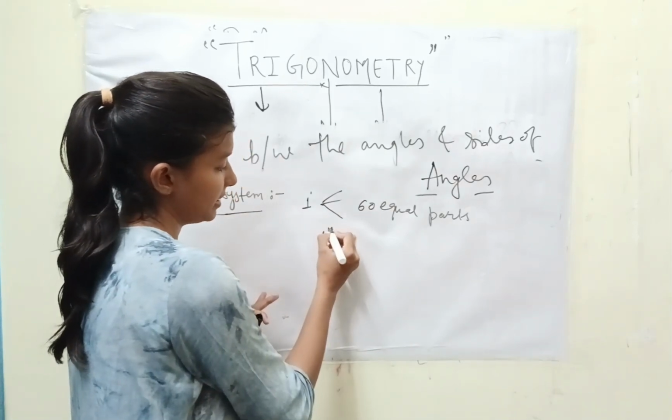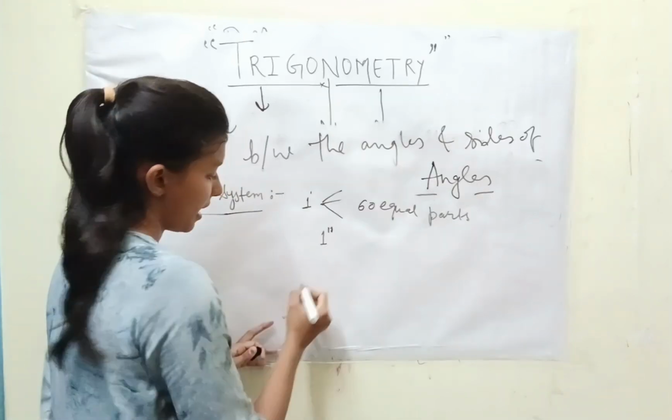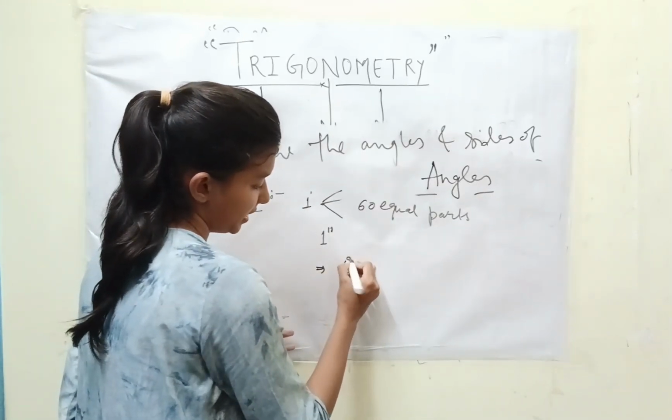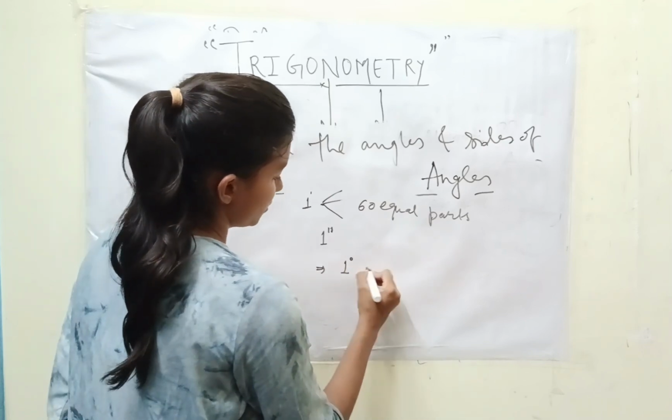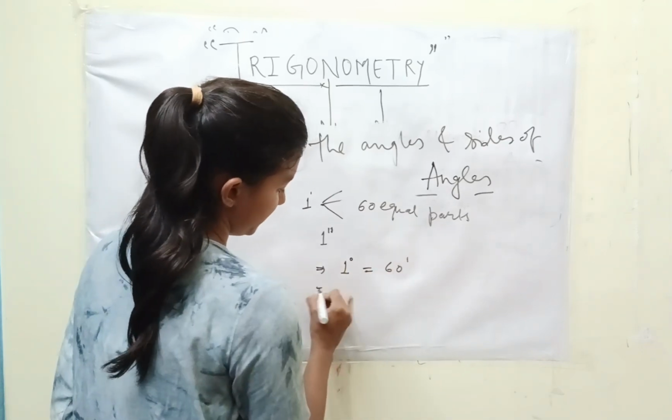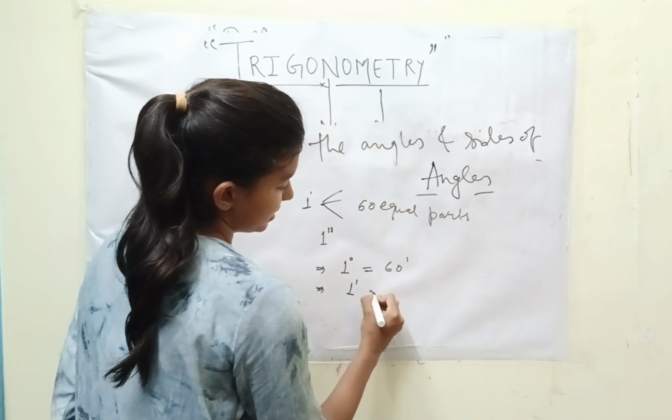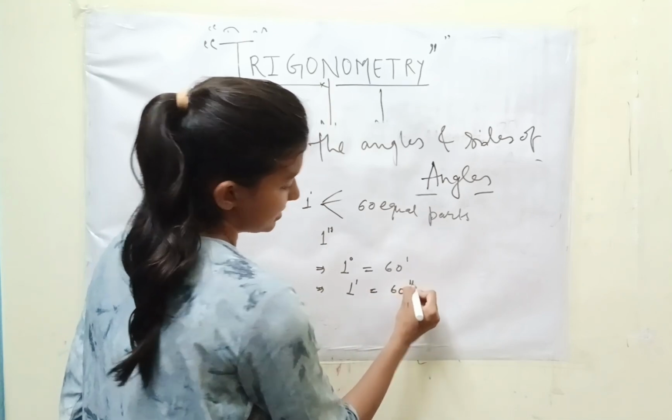Second is denoted by a double dash. Hence, we can say that 1 degree is 60 minutes and 1 minute is 60 seconds.